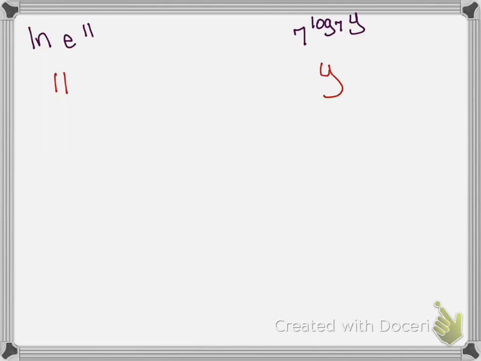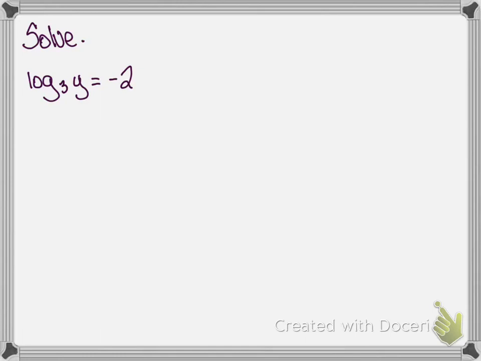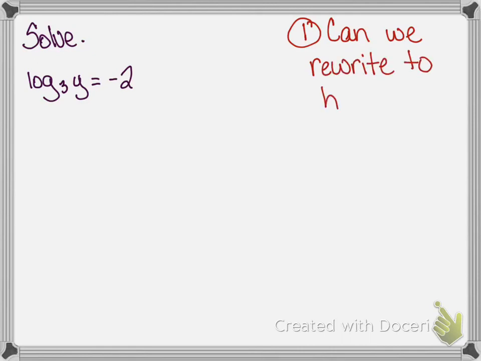Now we're going to work on solving equations. Okay? We're going to have logs in the equations, and we're going to have exponents in the equations. So I'm going to give you a couple of different ways to solve them. The first way, and we've already talked about this way, we did it on Tuesday or maybe last Thursday: can we rewrite to have the same base?